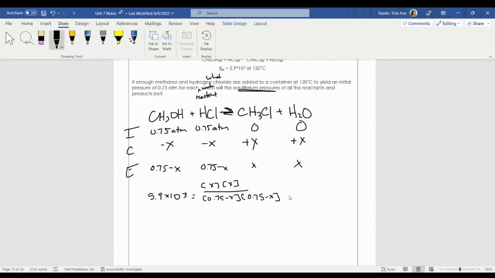There's a lot of stuff going on here, okay? How do we solve this problem? Well, if you look closely, you could see that X times X on top would give you X squared, right? And on the bottom, I have 0.75 minus X times itself. So that's also 0.75 minus X squared.